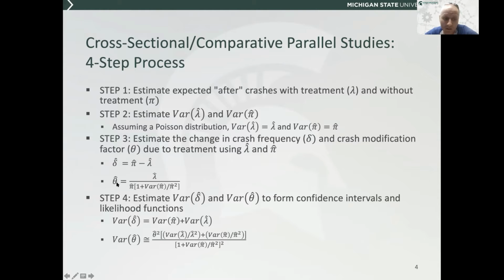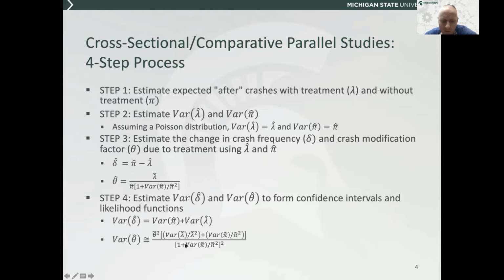And so the variance of theta is going to be theta squared times this adjustment factor here, which, walking through this, we've established previously the variance of lambda is just equal to lambda. So this adjustment term is just 1 over lambda plus 1 over pi, similar to how we take our 1 over n1 and 1 over n2 in our parametric tests for sample sizes.